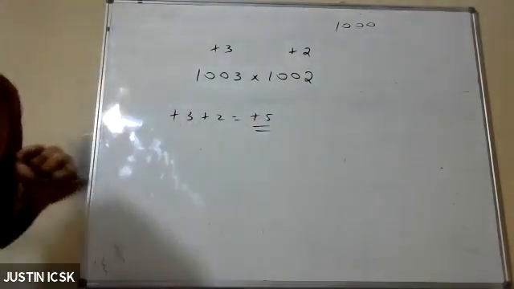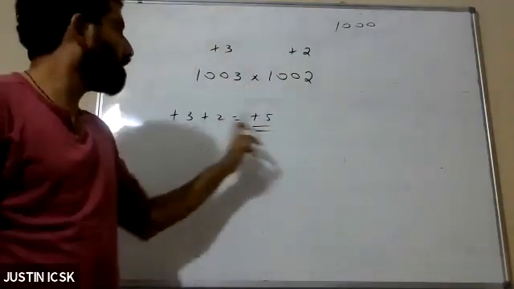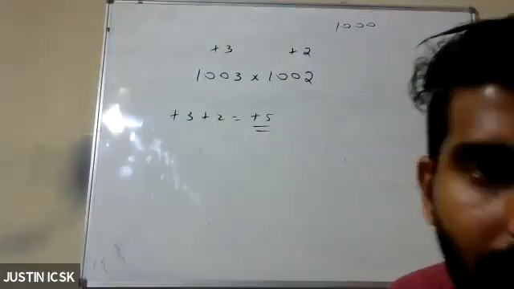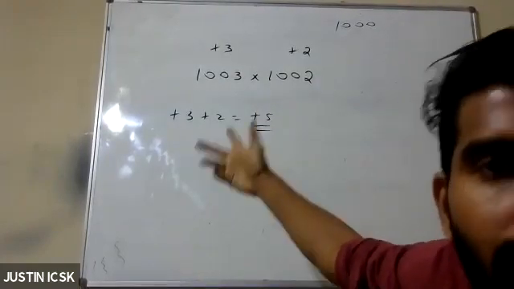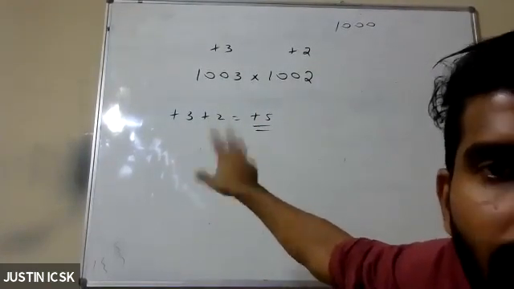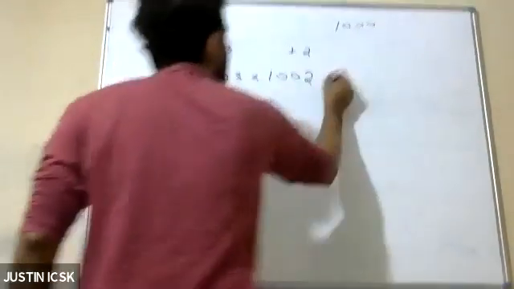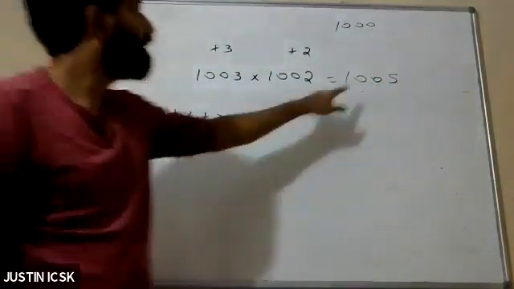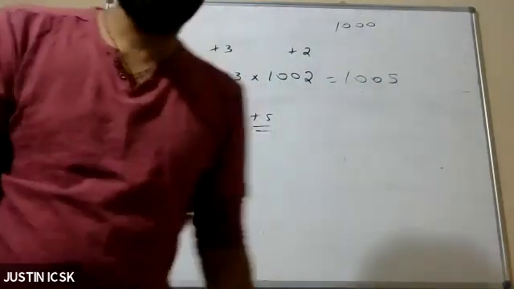Previously we would add from 100 because the base is 100. This is 1000, so we will add from 1000. So we will get 1005.